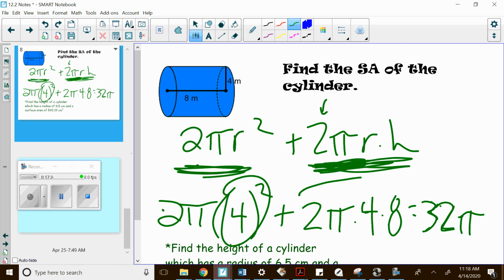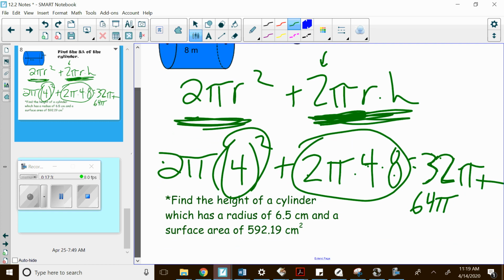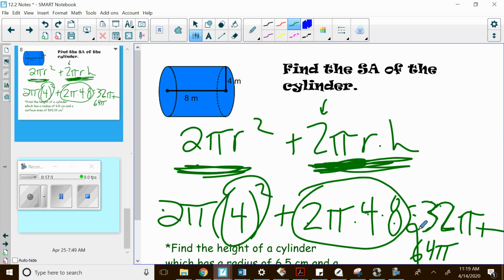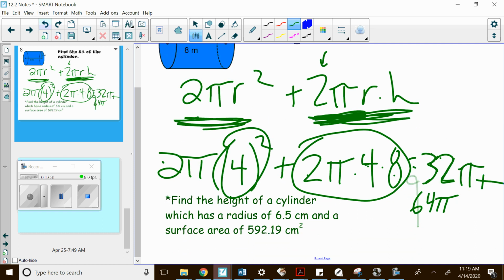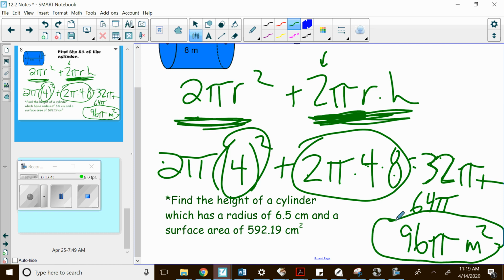This one right here is 4 times 8 times 2, which is 64 pi. So 32 pi plus 64 pi is 96. 96 pi meters squared for your surface area here. Okay, 2 pi r squared plus 2 pi r h.